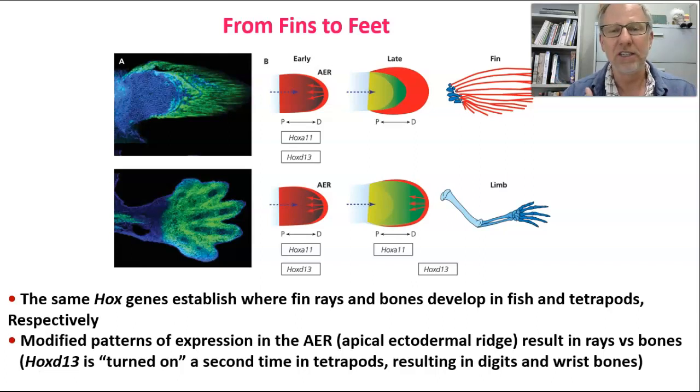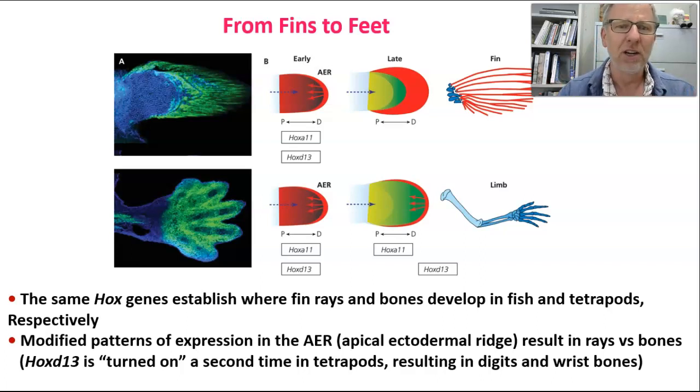Those Hox genes turn off, and by the way, the bones develop from mesoderm. So remember, mesoderm is one of those germ layers that bilaterian animals have, in addition to ectoderm and endoderm. So these bones develop from mesoderm in both fish and in tetrapods.